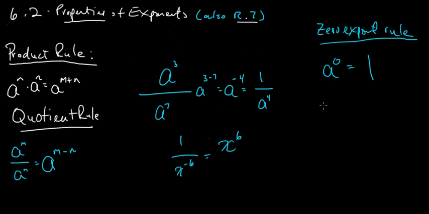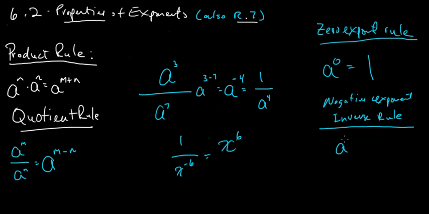And so what this is called is our negative exponent rule, or I like to call it the inverse rule of exponents. And how that goes is whenever I have a negative exponent, then I take the reciprocal of it, and make the exponent positive.